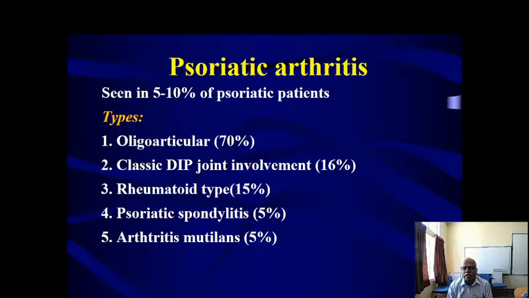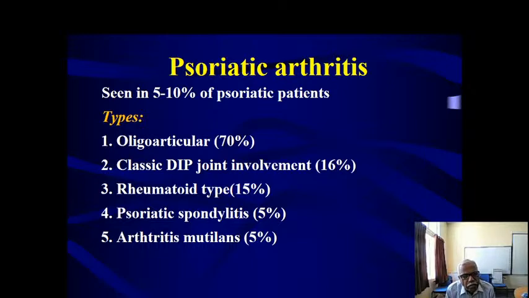And we got various types. The commonest type is oligo-articular, that means only a few joints are involved, oligo-articular in 70% of the cases. But the classical picture you see is when there is involvement of the distal interphalangeal joint, the second commonest, called classic DIP joint involvement, producing swan neck deformity.